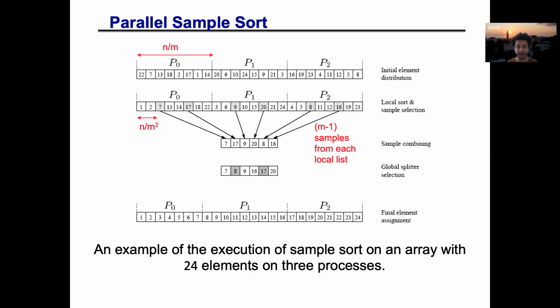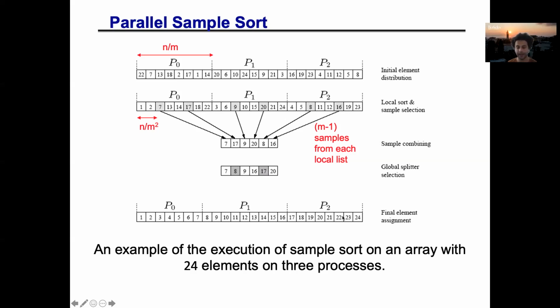So that means we have a combined sample size of M times M minus 1. Okay, and then from that list, we're going to do global splitter selection by also some regular sampling after sorting these samples or merging them if they're sorted, and then use that as my splitters and redistribute the data, my pivots, so to speak.